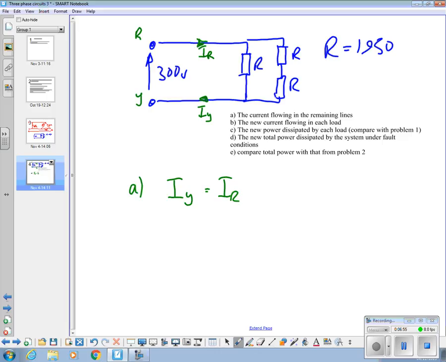But how are we going to find that current? Yeah, so it's going to be E over RT.